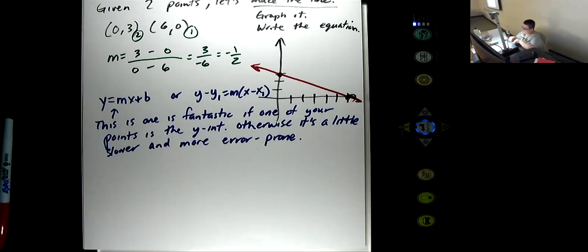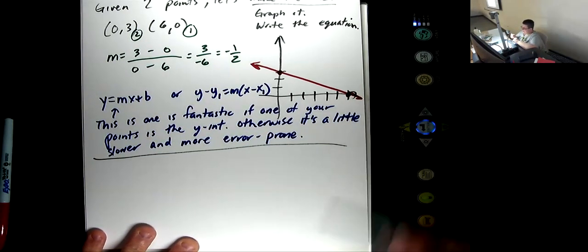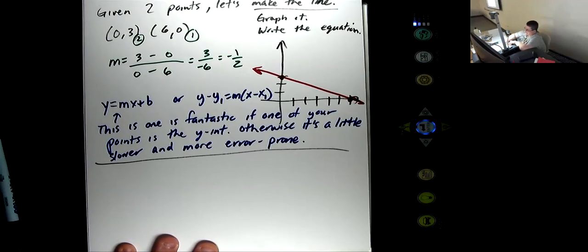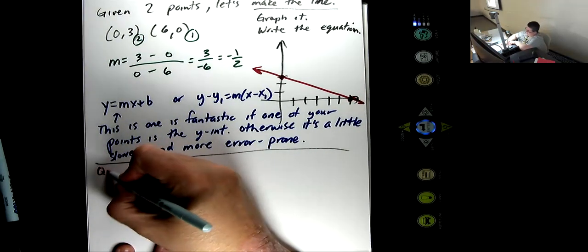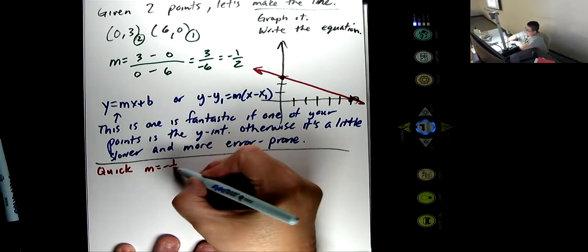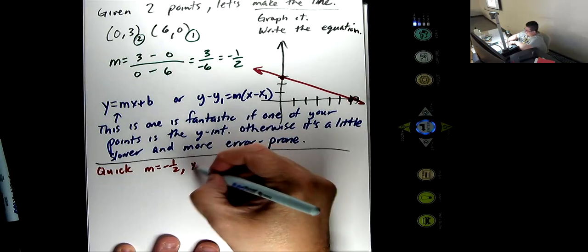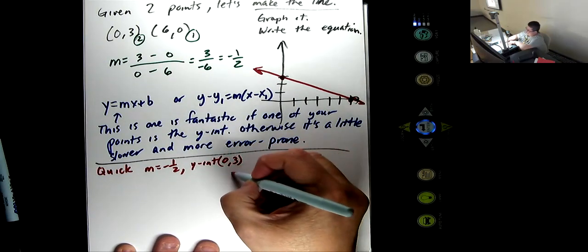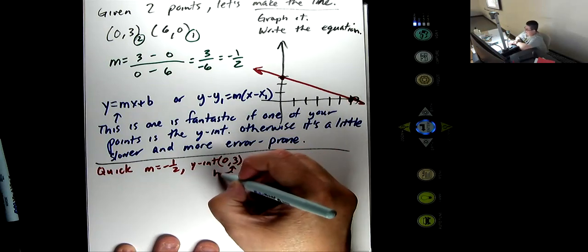All right, so let's do it for this one. I'll do it a couple ways here. So the quickest way is we have the y-intercept. The quick way. We have m equals -1/2. And the y-intercept is 0, 3, which means that right there is my b.